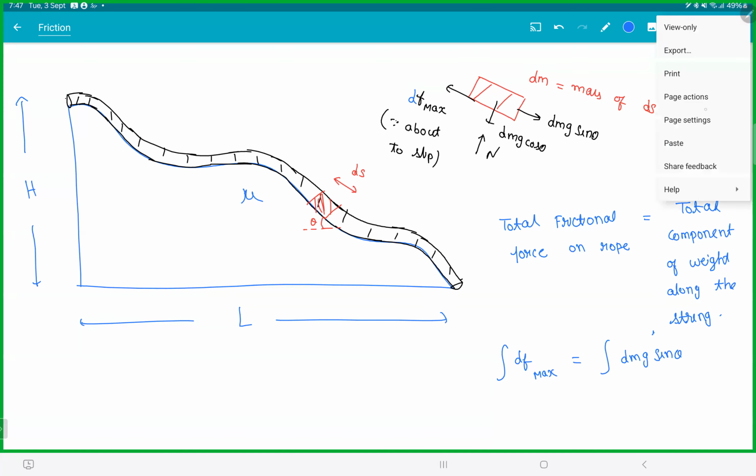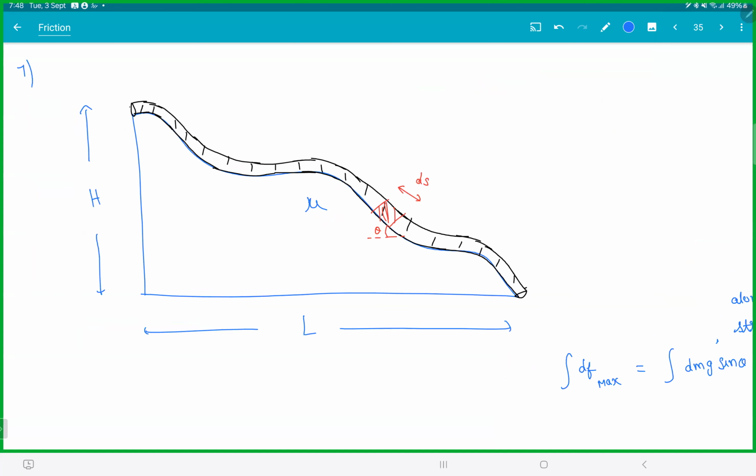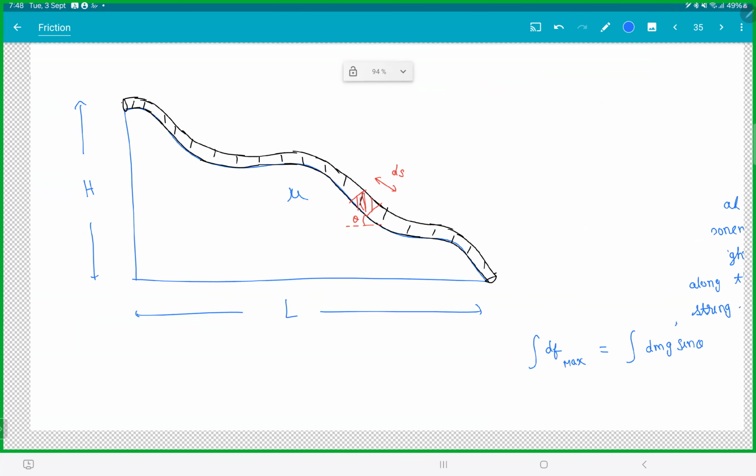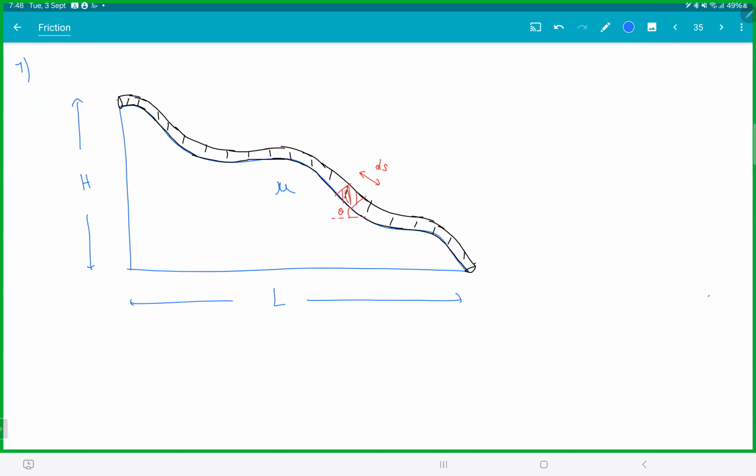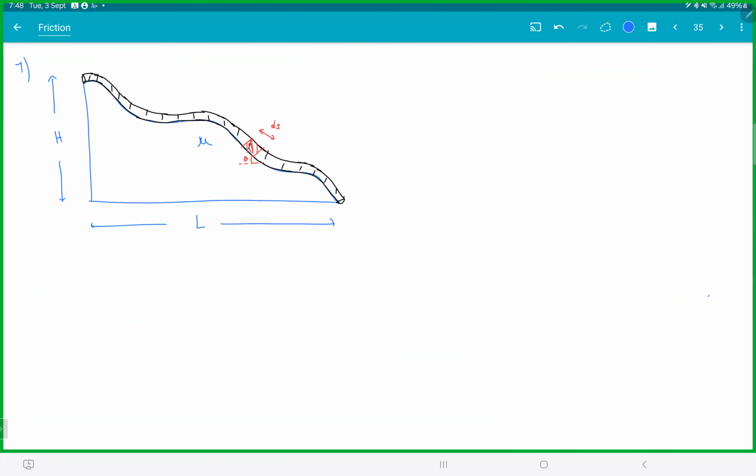Now, once we got this, see how it is. All these mg sin thetas I'm showing with green color here.